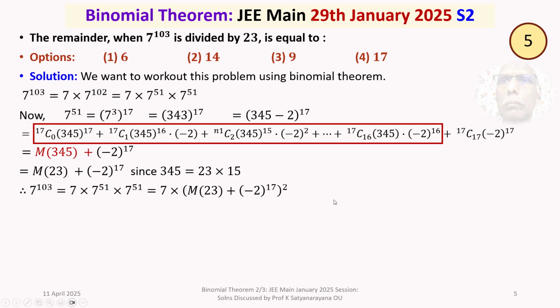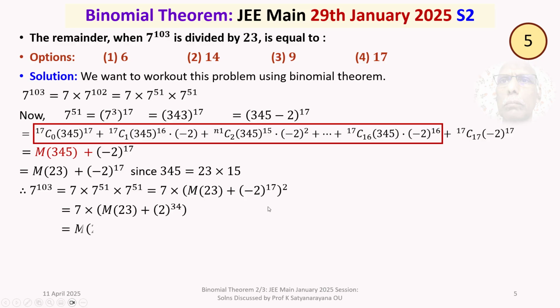Now when you square it, you get 7 into a multiple of 23 plus minus 2 to the power of 17 squared, that is 2 to the power of 34. You have to expand this: M23 into M23 is a multiple of 23, 2 into M23 into minus 2 to the power of 17 is some multiple of 23. So that is clubbed here. So plus 2 to the power of 34.